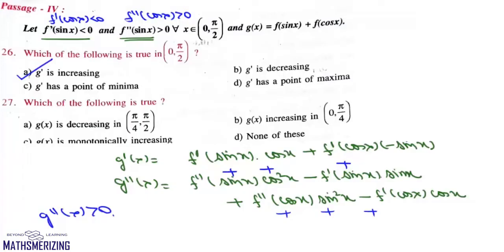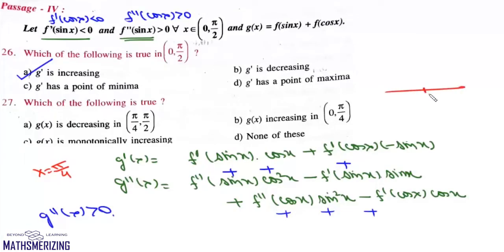Now what about this function g(x)? If we look at this g'(x), we know that f'(sin x) into cos x minus f'(cos x) into sin x will be 0 if we take x as π/4.